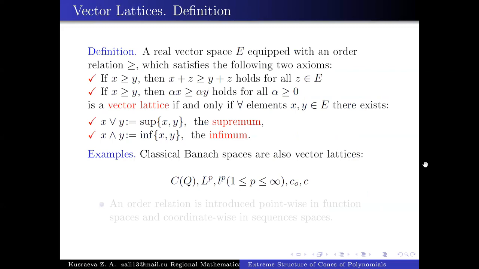Let me skip the direct definition of a vector lattice and just say that a vector lattice is a vector space endowed with a notion of ordering, where for each pair of elements there exists a supremum and infimum. You can see the direct definition on the slide. As an example, let me say that all classical Banach spaces are also vector lattices, and the ordering is introduced in the following way.